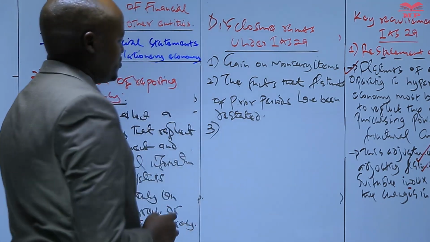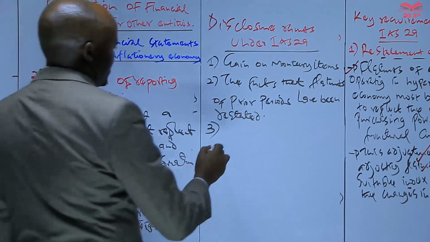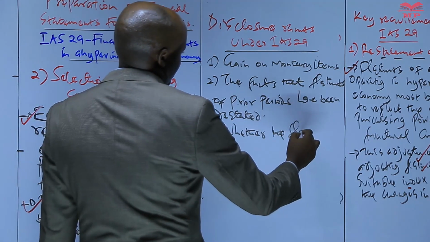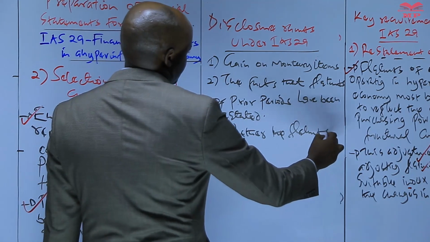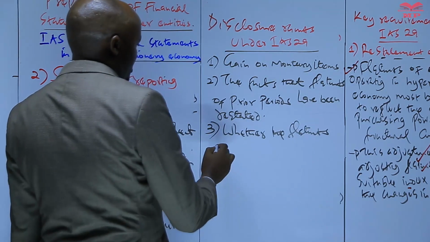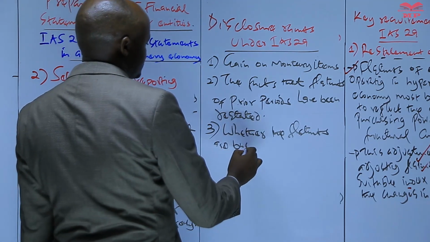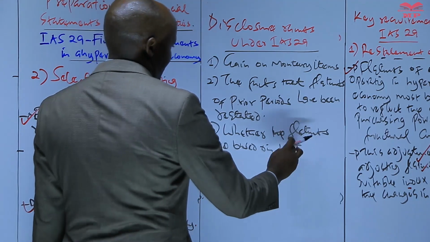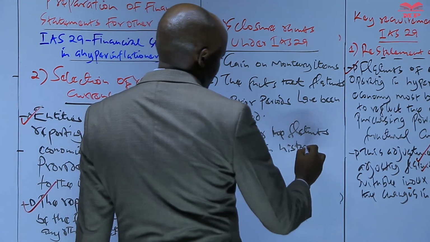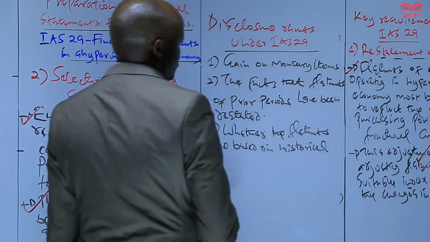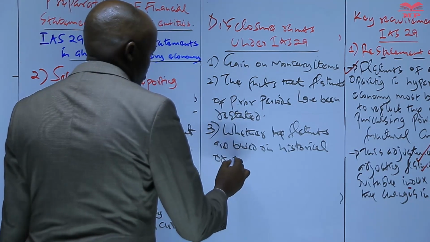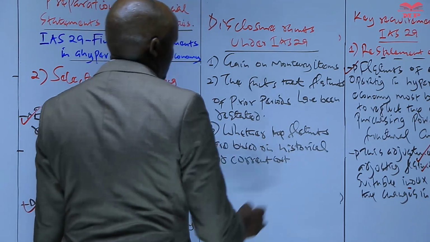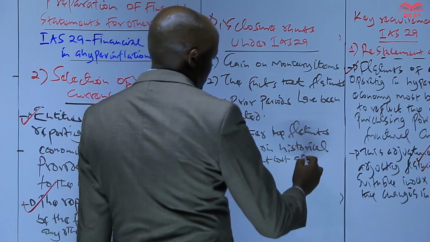The other information which also needs to be disclosed is whether the financial statements are based on the historical or current cost approach.